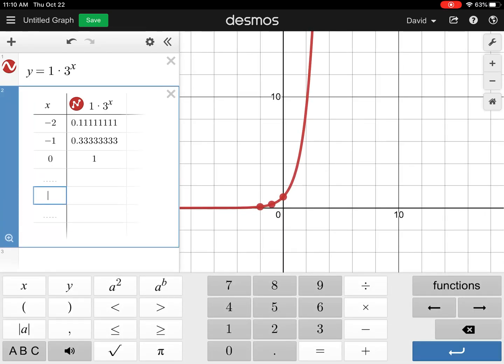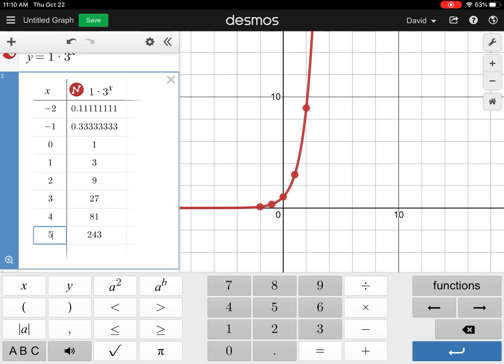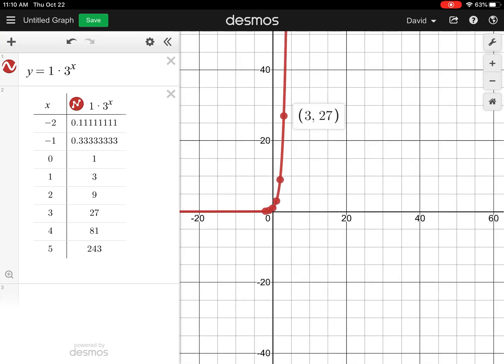It actually creates the points too on the graph. And I could put any number here and it'll give me the value, and it'll also give me the point on the graph. And that's something that you are only able to get, you have to start with the equation in order to come up with the table and a graph.